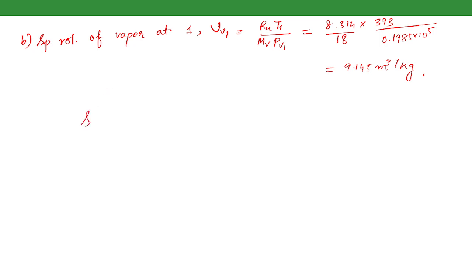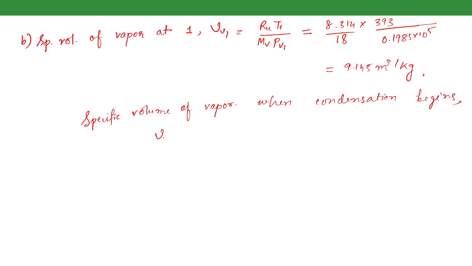So the specific volume of vapor when condensation begins, that is VV at state 2, will be equal to the specific volume of vapor at state point 1. This is equal to 9.145 meter cube per kg, and this will also be equal to the specific volume of the gas phase corresponding to a saturation temperature of T2.